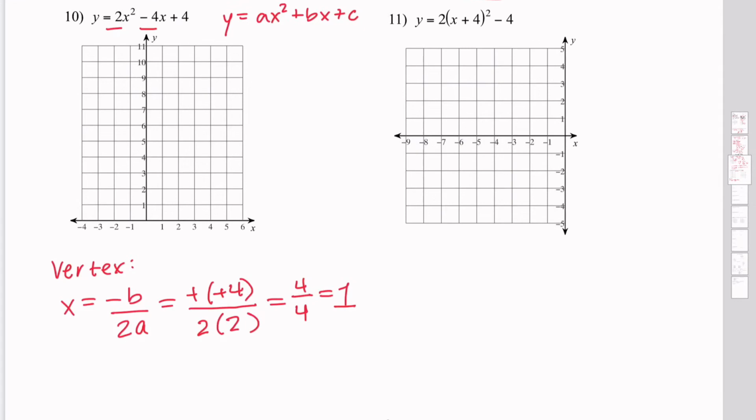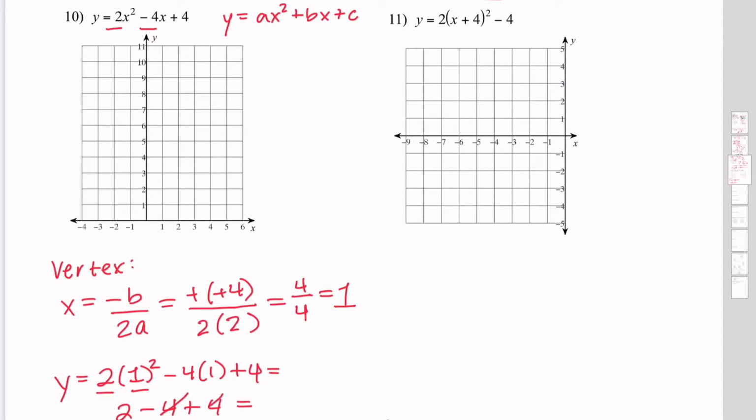Now the second part is to plug in this 1 into the original function. Wherever there's an x, you're going to plug in a 1. And simplify. 1 squared is 1, and 1 times 2 is 2. -4 times 1 is -4, plus 4.